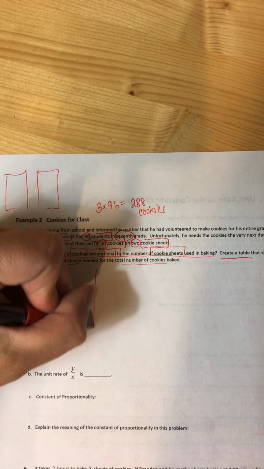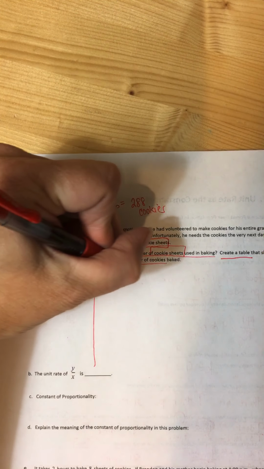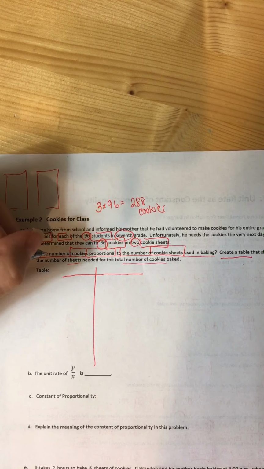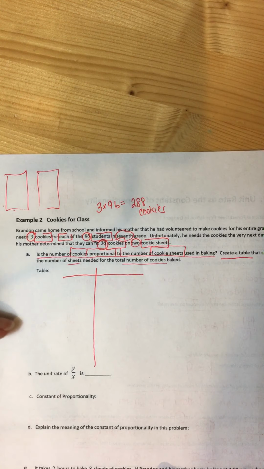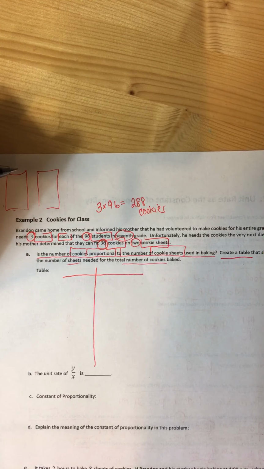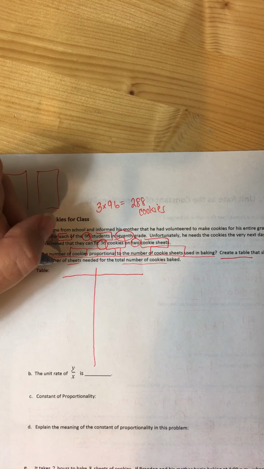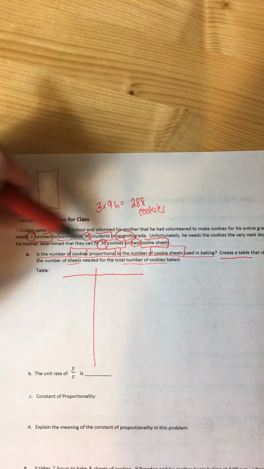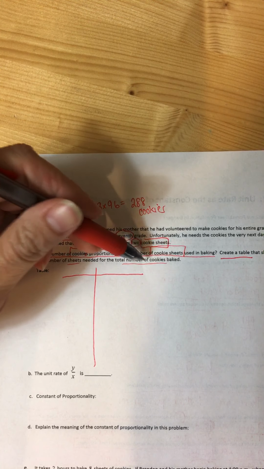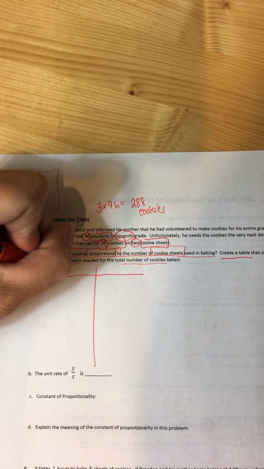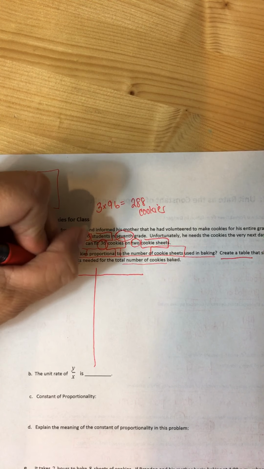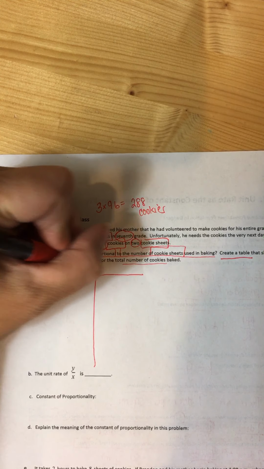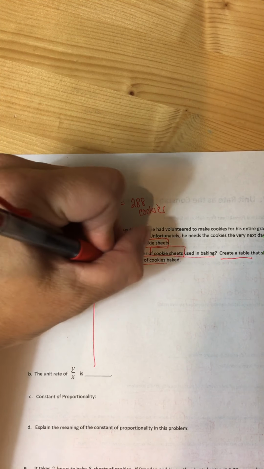You could have tables that go up and down with your headings here, or you could have your table going across with your headings right here. It's up to you. I'm going to make my table with the number of sheets and the total cookies.